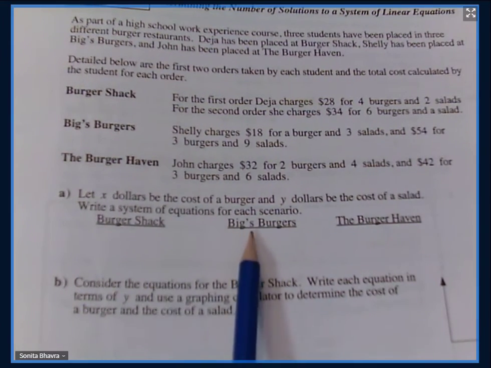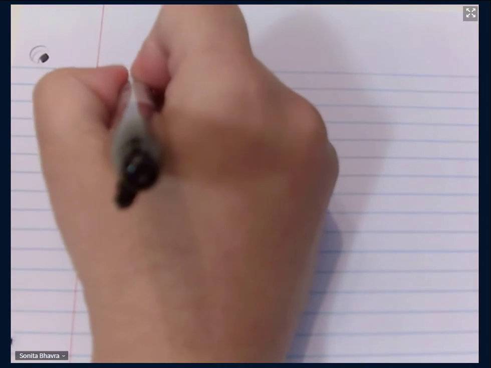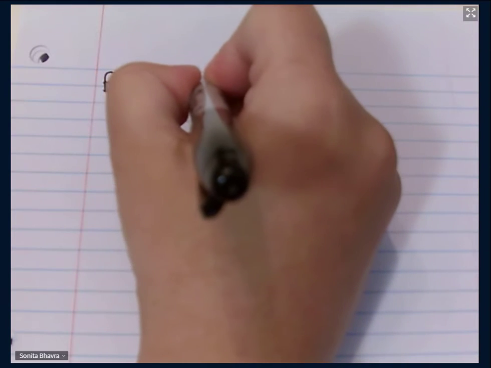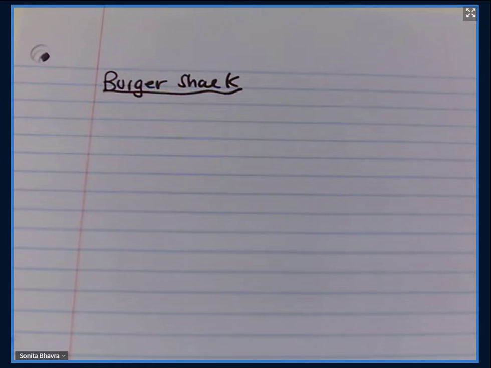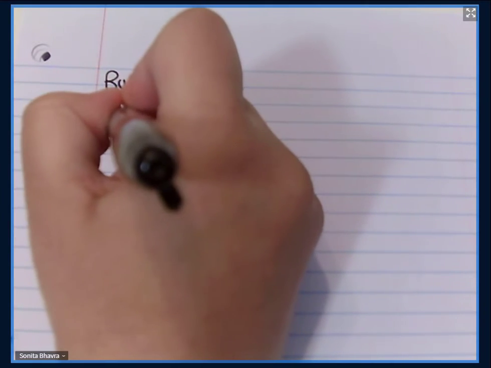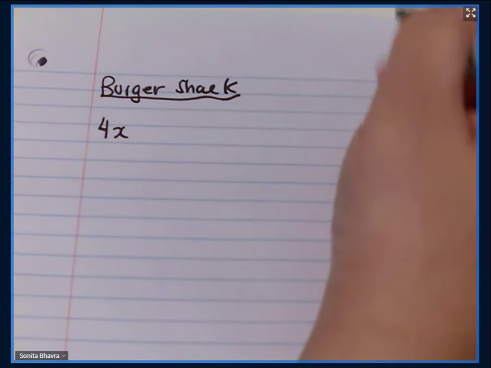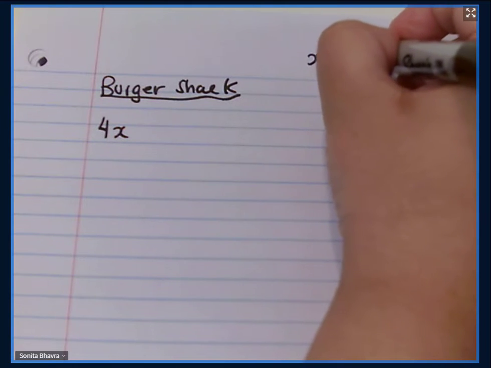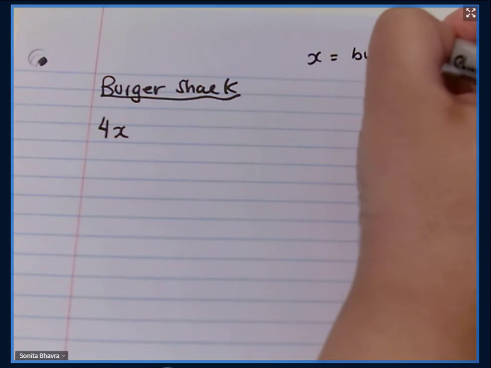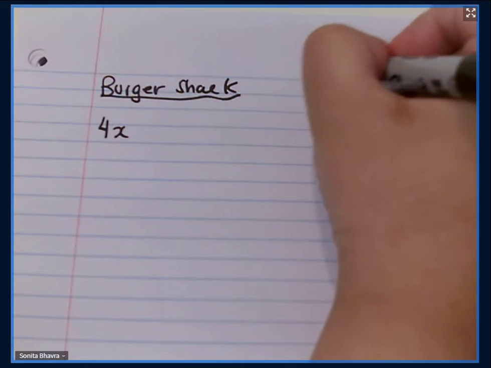So for Burger Shack, Big's Burgers, and Burger Haven. For Burger Shack, it was $28 for 4 burgers. So we'll call X burgers, I'm just going to make a note of that here, and Y is for salads.